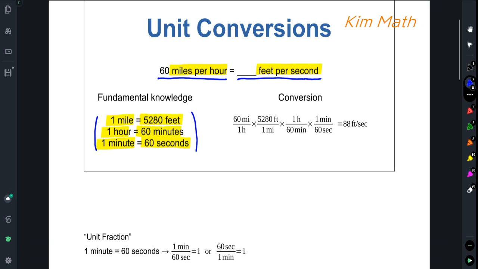Let me start our story with 1 mile equals 5,280 feet. If these two amounts are equal, we can make a fraction.